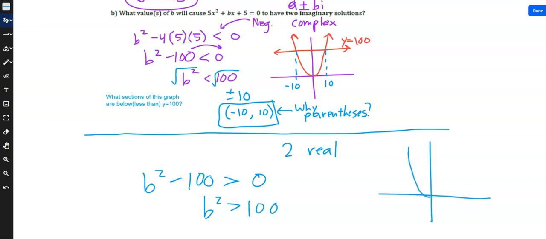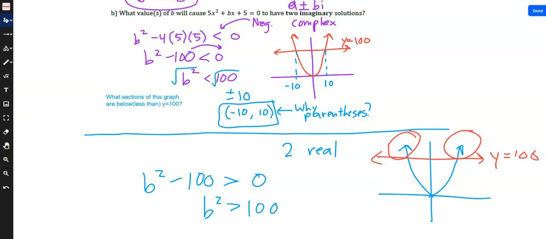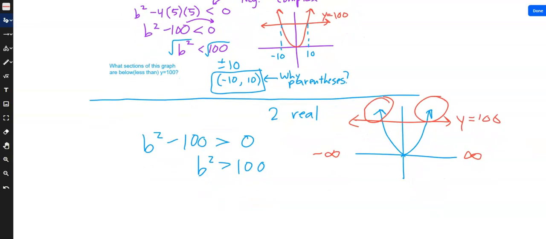And yes, you've got your little parabola thing going on here. I didn't do a very good job of drawing it the second time. And then, of course, your line at y equals 100 is coming through here. But this time, you want this chunk and this chunk, right? Two different pieces. Negative infinities over here, positive infinities over there.